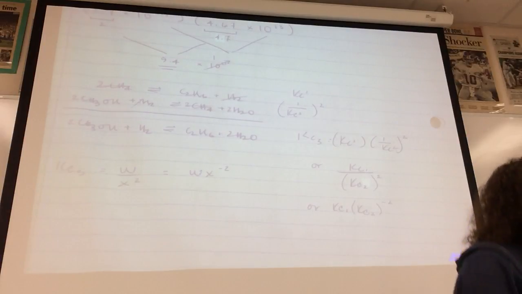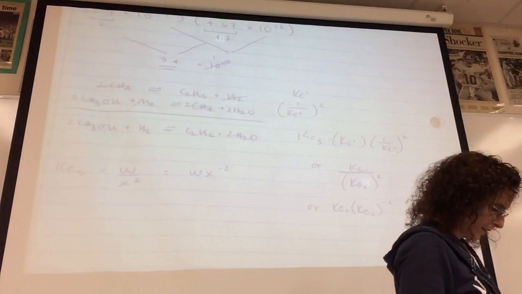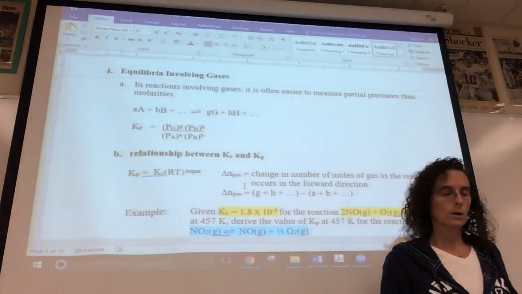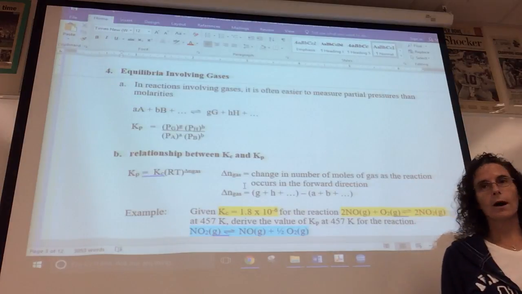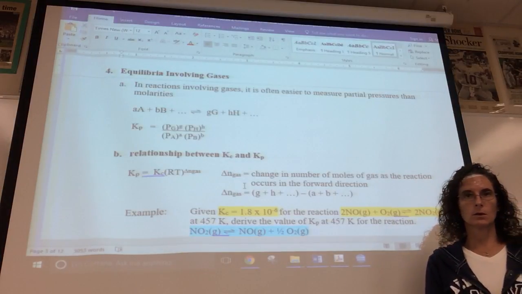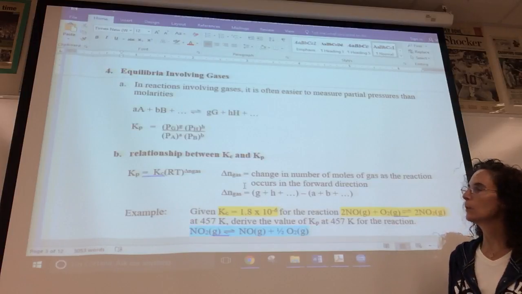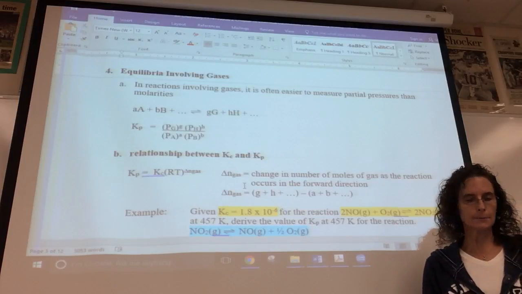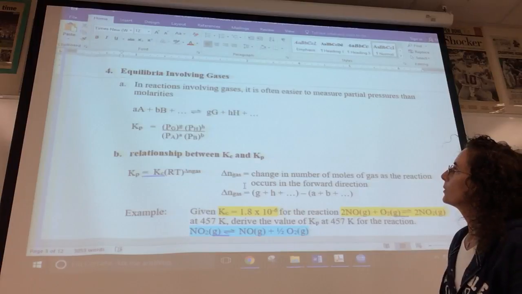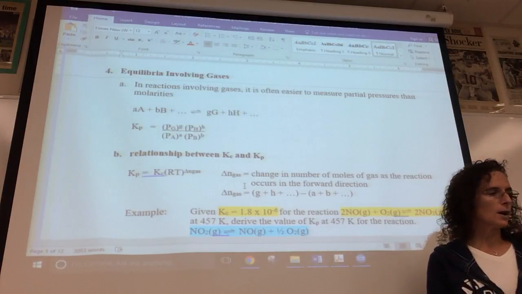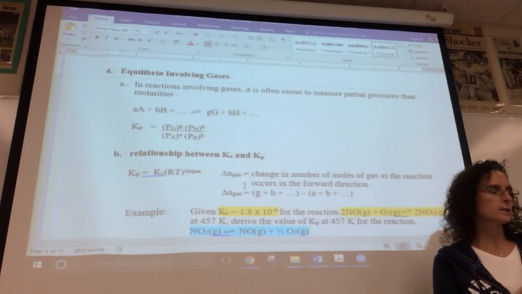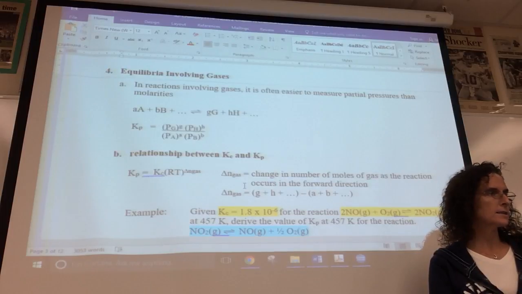Now, some equilibria involves gases only, and when you get equilibria that involves gases only, you're more apt to use KPs, where you're dealing with partial pressures of substances. You write it very, very similarly. It says, in reactions involving gases, it's often easier to measure partial pressures than molarities. The equation is given.